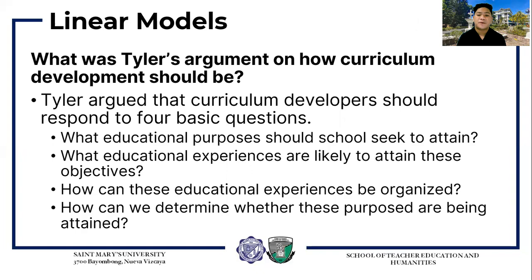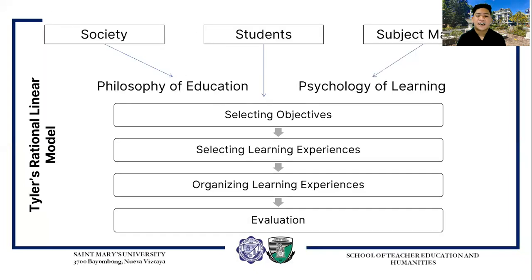What educational purposes should schools seek to attain? What educational experiences are likely to attain these objectives? How can these educational experiences be organized? And how can we determine whether these purposes are being attained? This is Tyler's rational linear model.